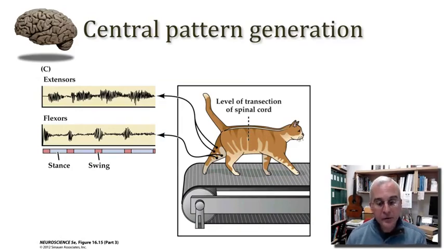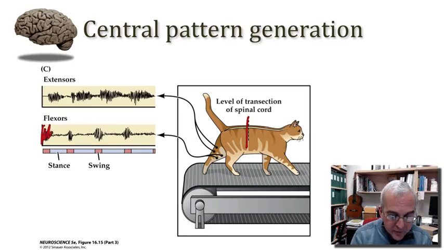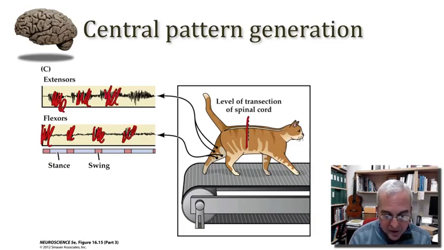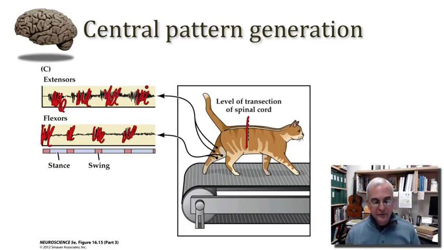So in the experiments illustrated here, what was discovered is that with a thoracic transection of the spinal cord, it was still possible to suspend this cat on a treadmill and record the rhythmical activities of extensor and flexor muscles that were consistent with locomotion as the hind limbs transitioned between the stance phase, where pressure is applied to the treadmill, and the swing phase, as the limb is removed from the treadmill and then swung forward for the next cycle of step.